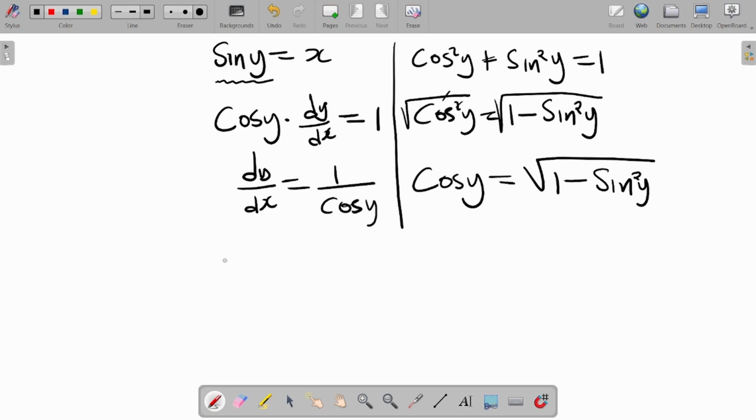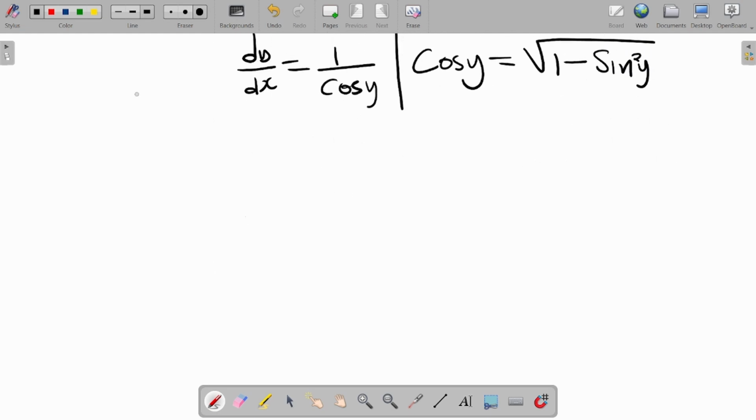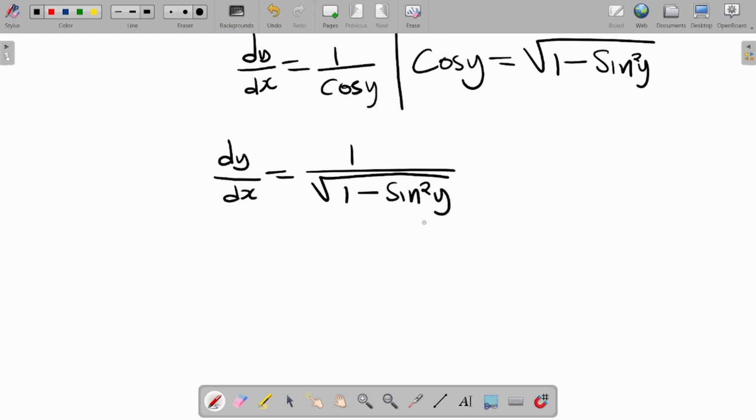Okay, so we can write our dy over dx as 1 over the square root of 1 minus sine squared y. But recall that sine y is equal to x. That's what we said at first.